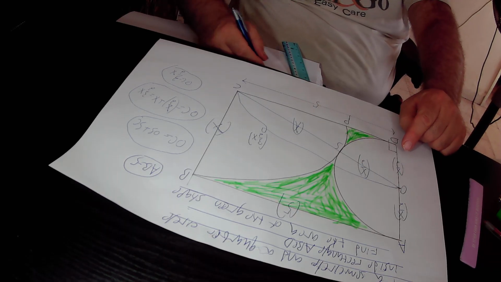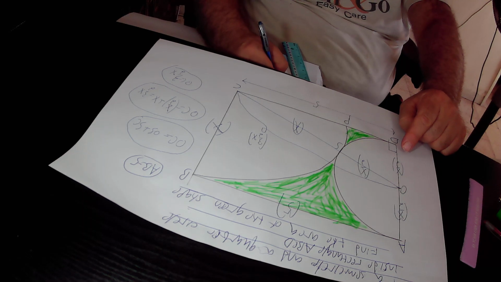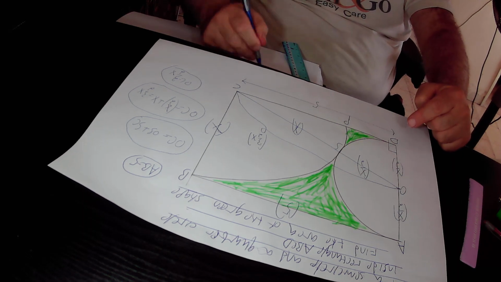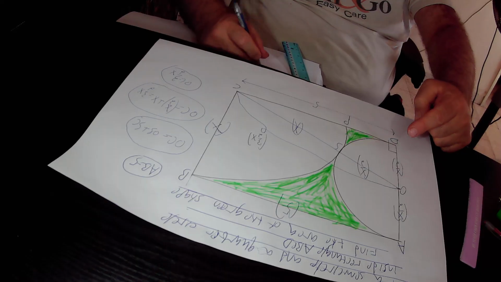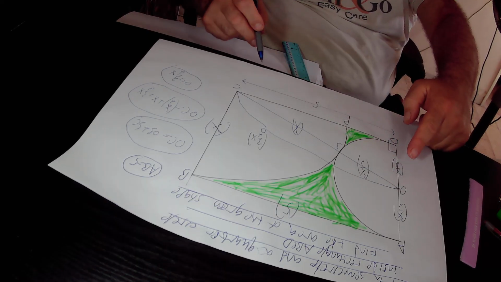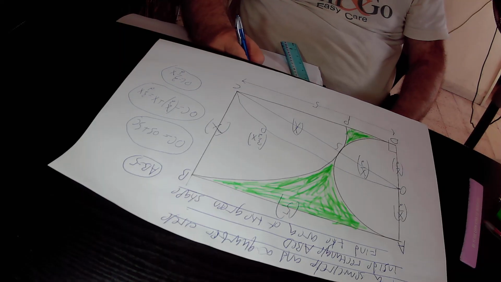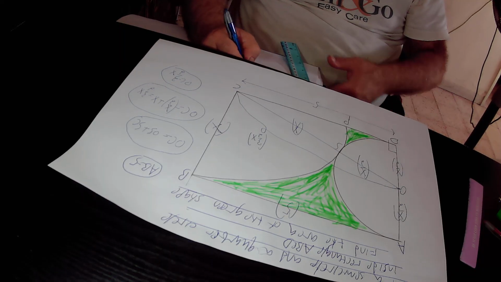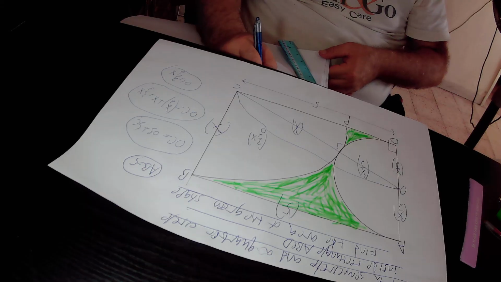Side OD equals x over 2 units in its length. Side DC equals 5 units in its length. And we just found out that the hypotenuse OC equals 3 over 2 times x units in its length. Here by PT is the solution for Pythagoras theorem.